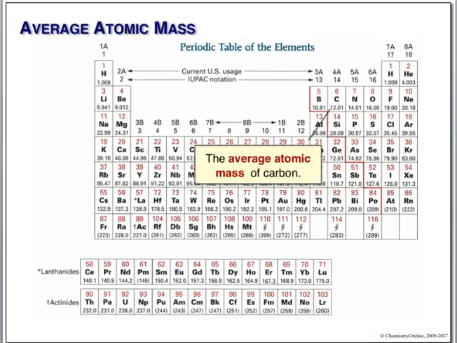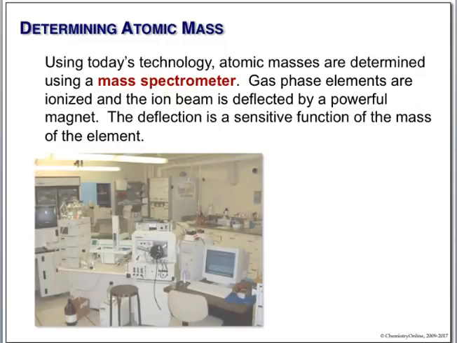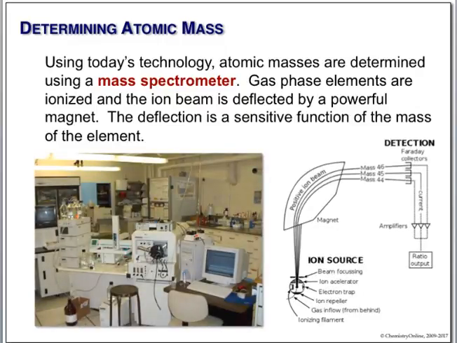Now, you might wonder how chemists manage to do this. Determine exactly how much carbon weighs 12, etc. You do it using something called mass spectroscopy. This is a mass spectrometer. It's a nice big fancy machine. What you do is basically take a sample and you ionize it. So now it's positive.